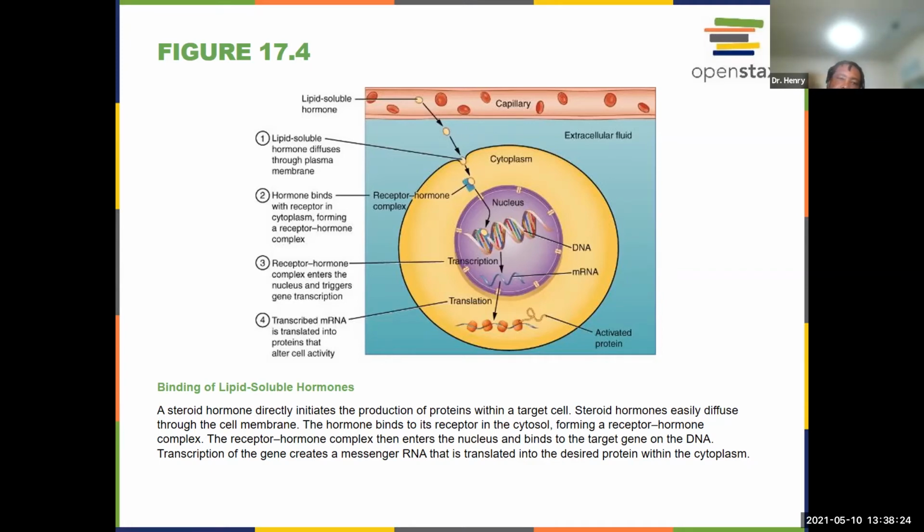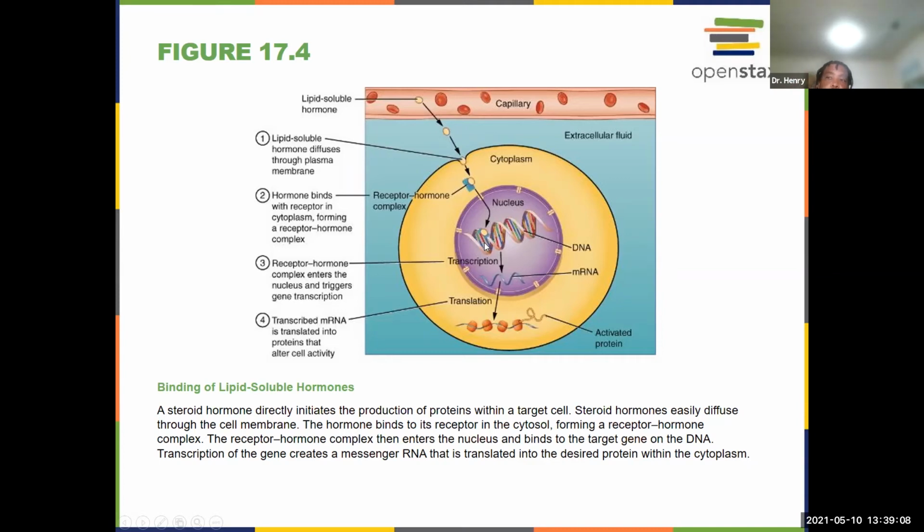Once the lipid hormone gets through the membrane, it'll bind to a receptor in the cytoplasm. That receptor forms a complex, which is taken up into the nucleus, usually through a pore, and it's going to bind to the gene itself and trigger gene expression.